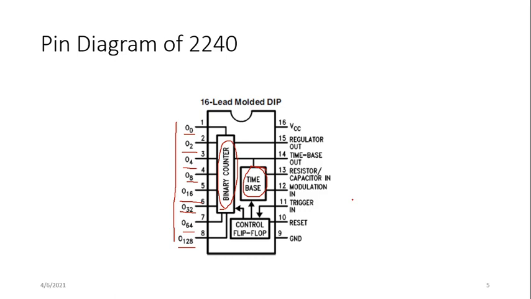2240 timer counter IC. So it is having two inputs. One is resistor capacitor in. Here you are going to connect your resistor as well as capacitor. Then it has other pins: regulator out, time base out, resistor capacitor in, modulator in, trigger in and reset.